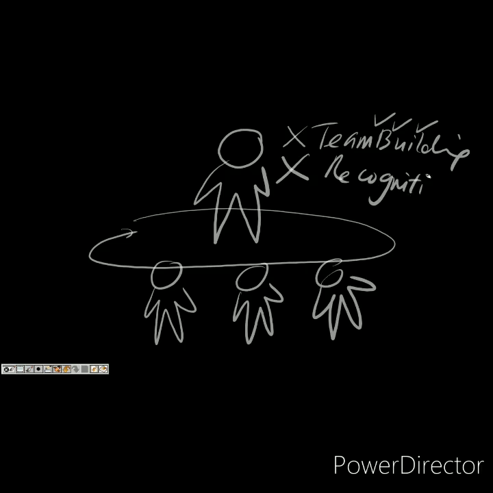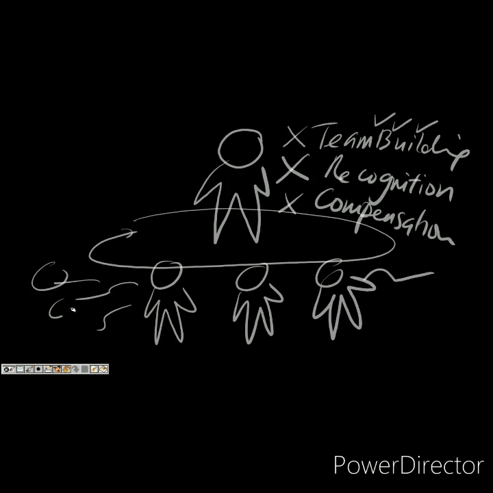Recognition will not improve team morale, and even compensation would not improve team morale. There are people who leave the organization for higher pay, and yet they find themselves back in the same scenario again. So team building, recognition, and compensation do not solve the issue of poor team morale.